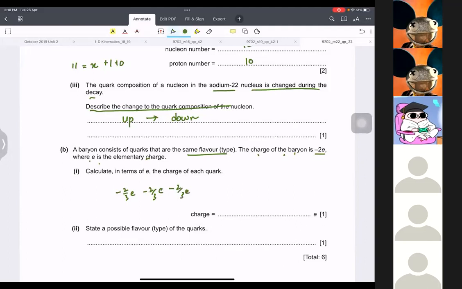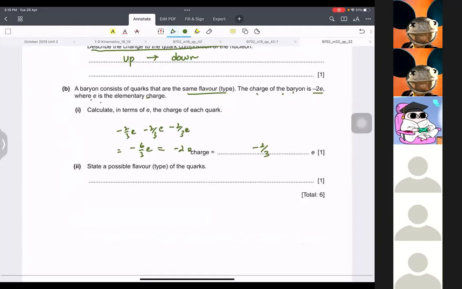There is no other way. So we end up with minus 6 by 3, which is minus 2. So we have to write each charge should be minus 2 by 3. State the possible flavor type of quarks. Okay. So anti-up, anti-charm, anti-top. Anything can work actually.